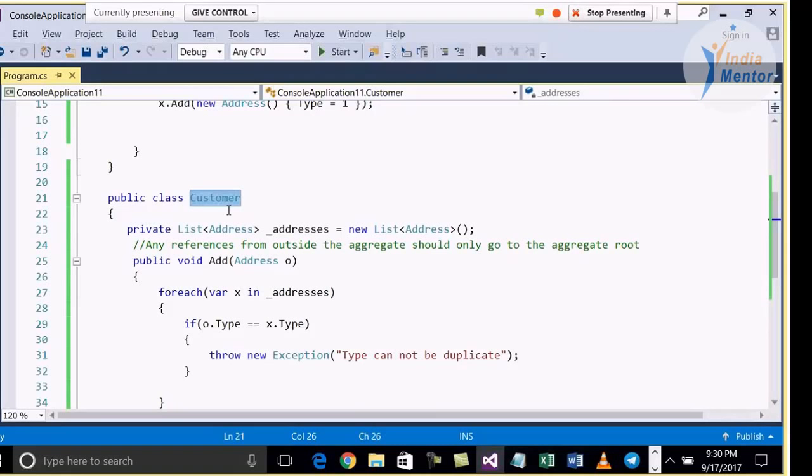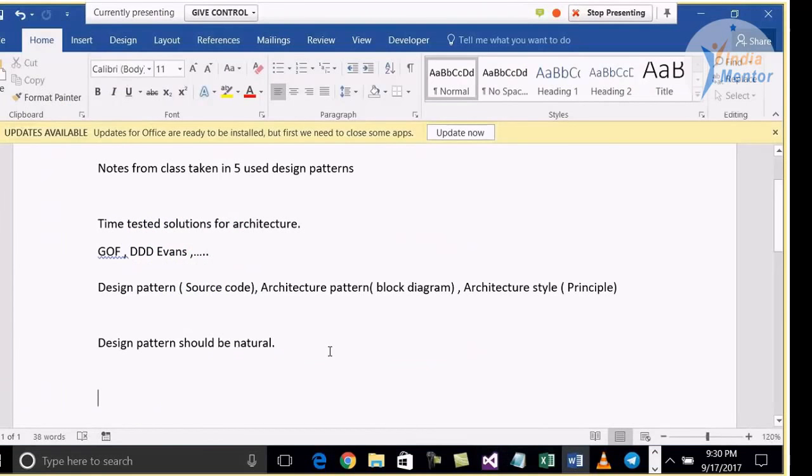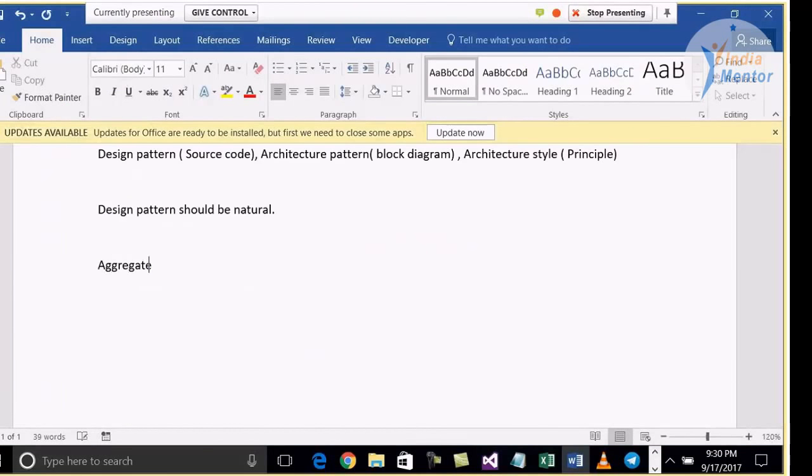If I put it in simple words, I cannot follow Martin Fowler.